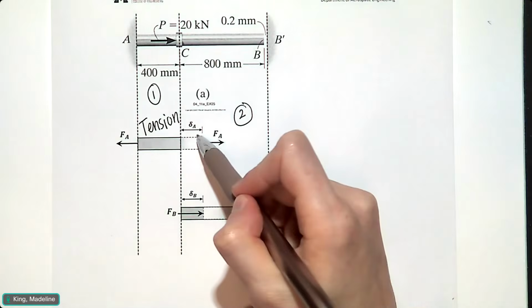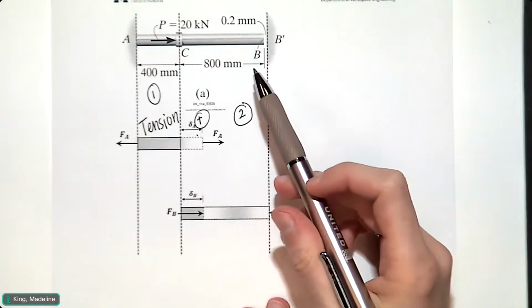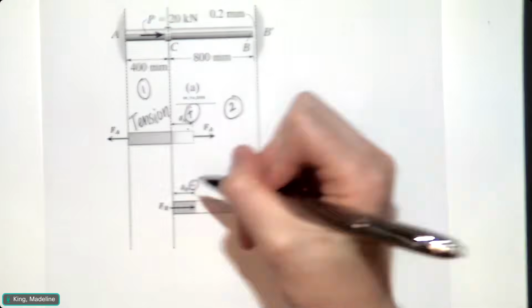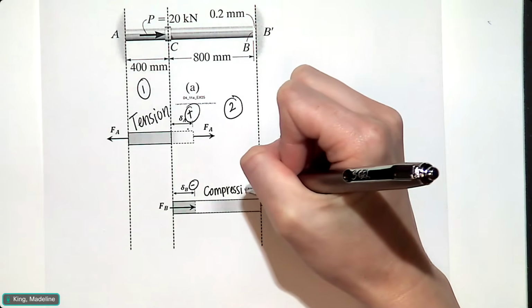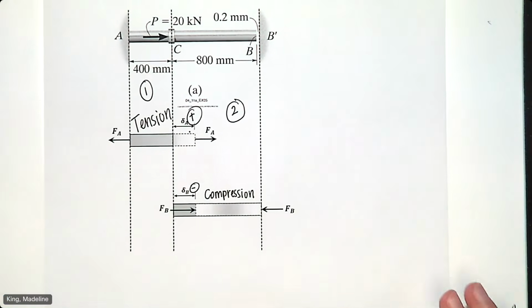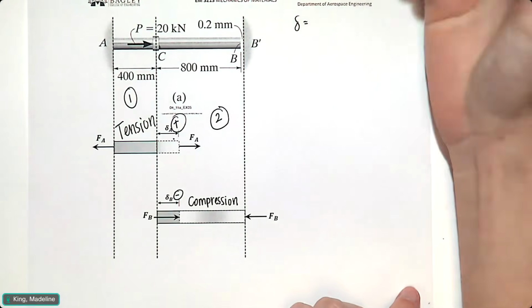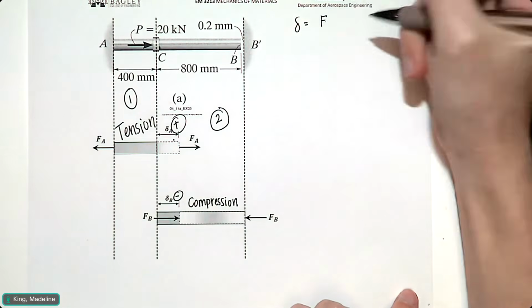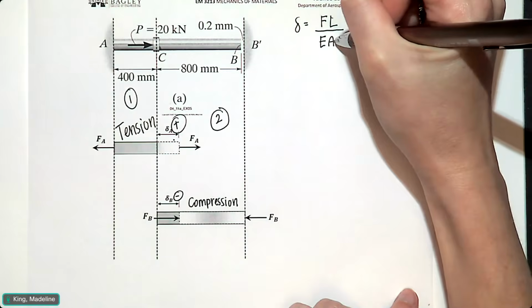So our displacement will be positive. But on segment CB, we have a compression force, so our displacement will be negative. So this is compression. Okay. So like I said earlier, you guys have been working with the displacement equation, which is delta equals a force times a length over Young's modulus times an area.